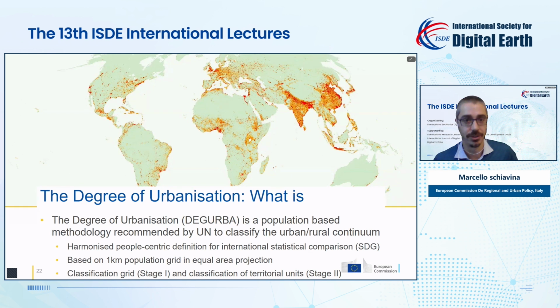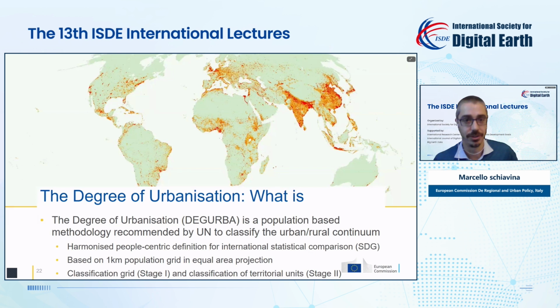It is based on an equal area 1 kilometer population grid and has 2 stages. First, the production of a settlement grid, and second, from this, the classification of territorial units, so polygons, to link the GURBA classes to other statistics collected at such polygon level, allowing their disaggregation by the GURBA.